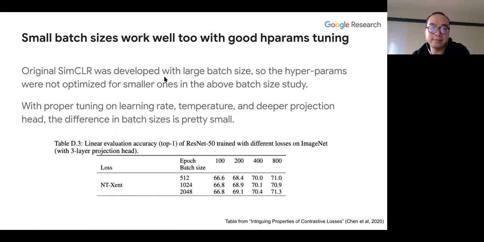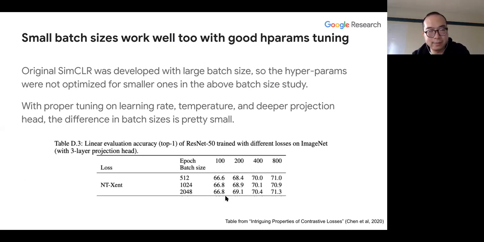If we tune the hyperparameters more carefully for small batch sizes, which we did later on, you train different numbers of epochs and different batch sizes, and you can see the effect of batch size becomes much smaller, sometimes even negligible.